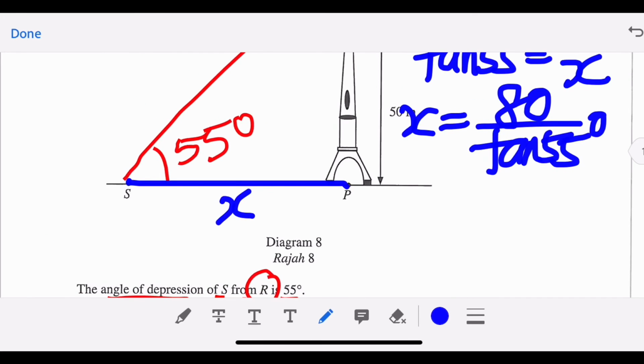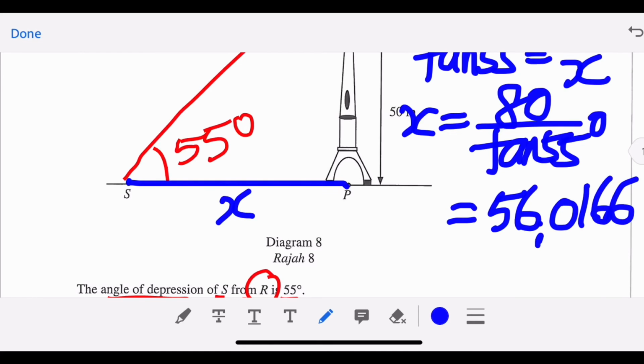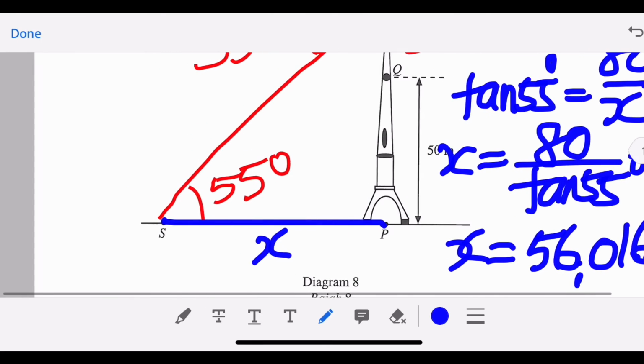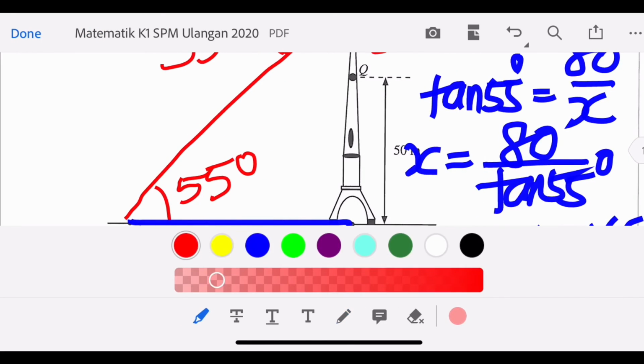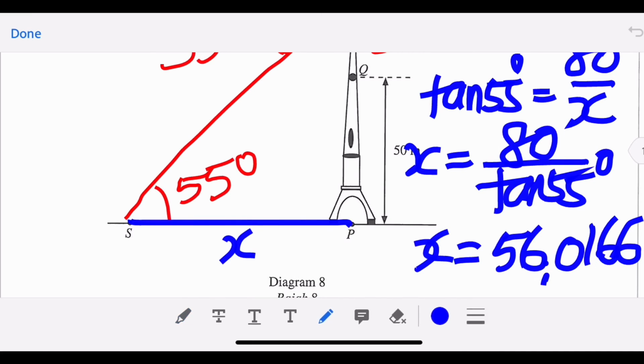With that angle, with that side, I'm going to label the side that I found using trigo. Alright, after that, I will try to solve the angle of elevation. So my X is 56.0166 centimeter. Now I'm going to find the angle of elevation.